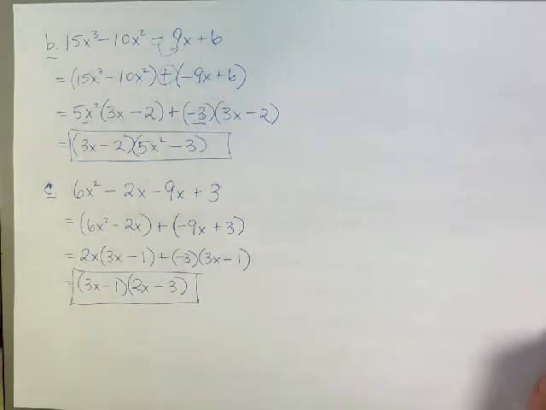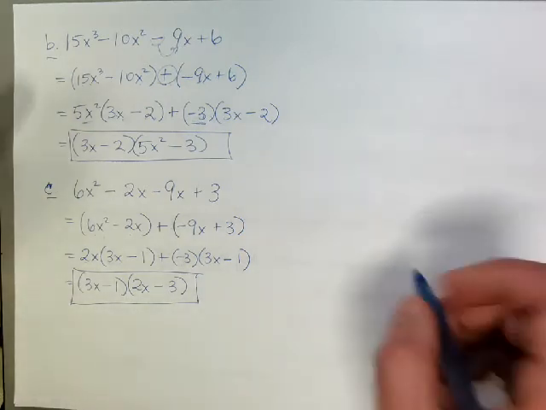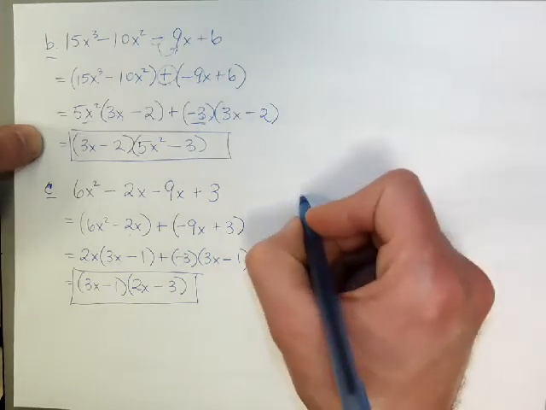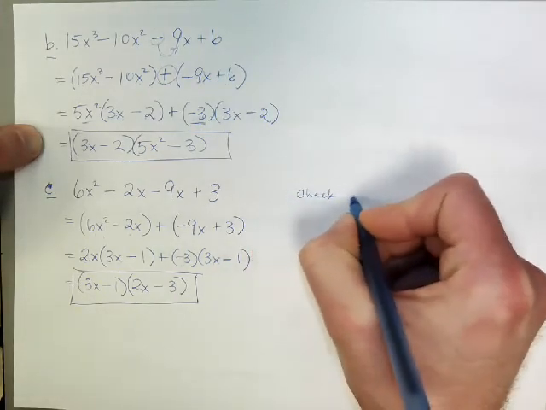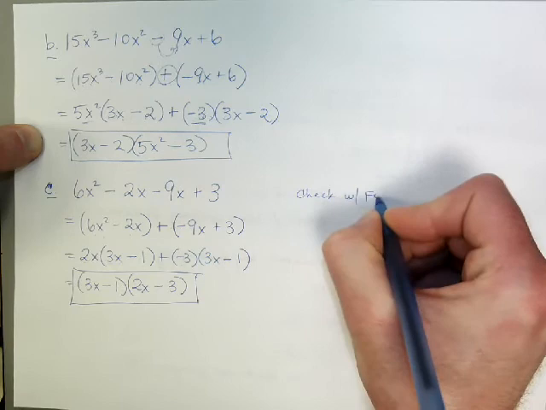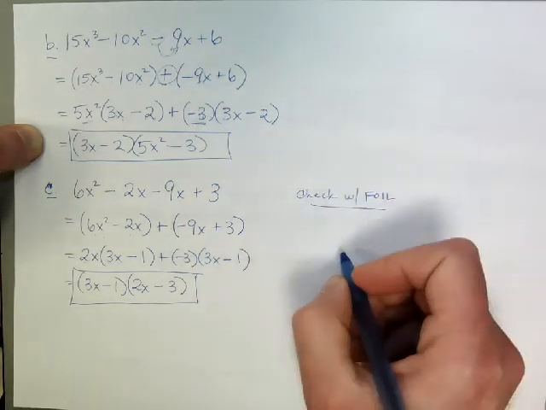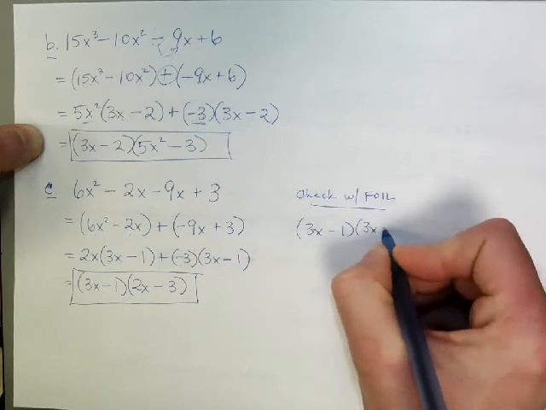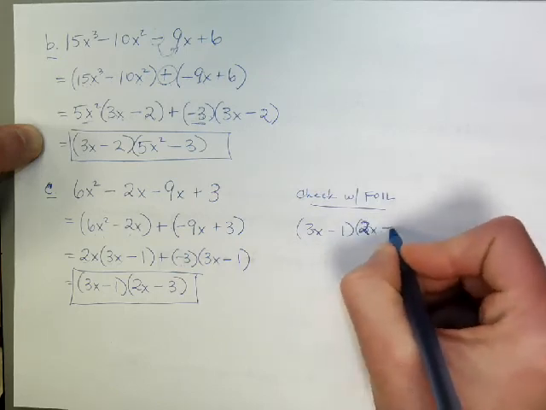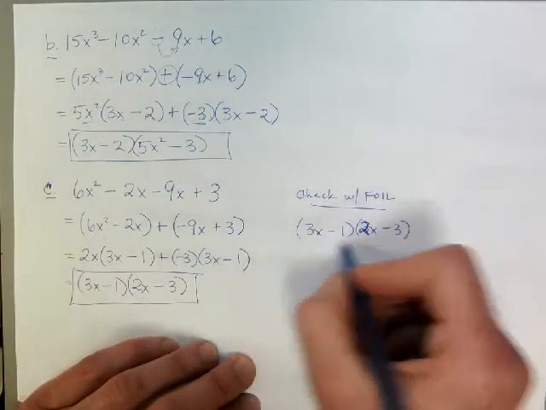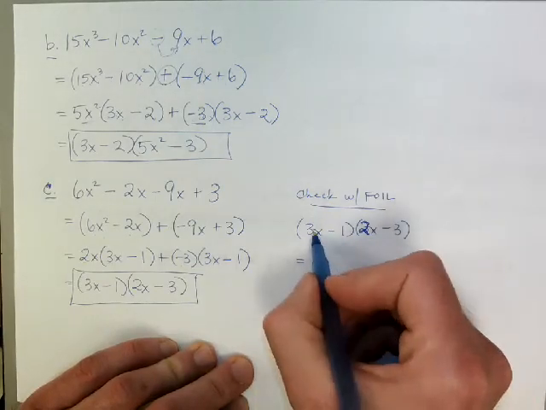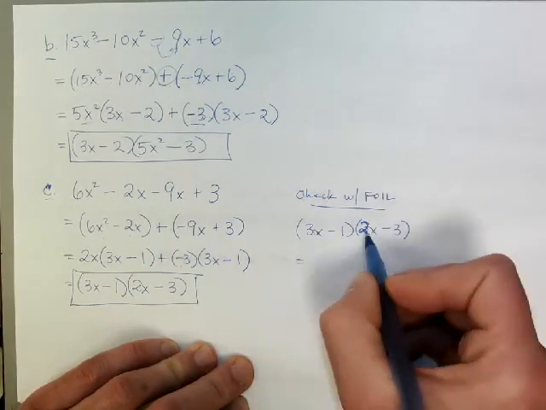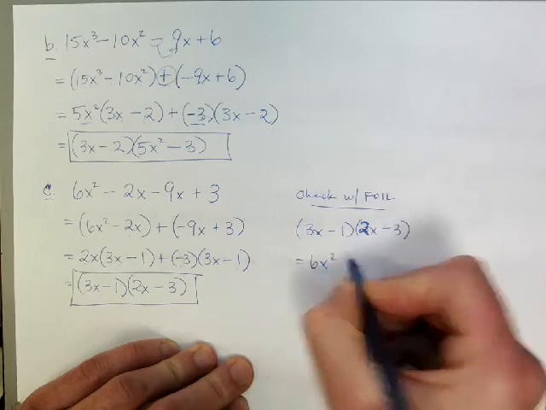All right, by the way, when you're doing this, if you want to check your work, you can do that by using FOIL. So let's check our work on this one. All right, so we start from the bottom. Oh, sorry, it's a 2x minus 3. All right, FOIL means I go first terms. So 3x times 2x is 6x squared.